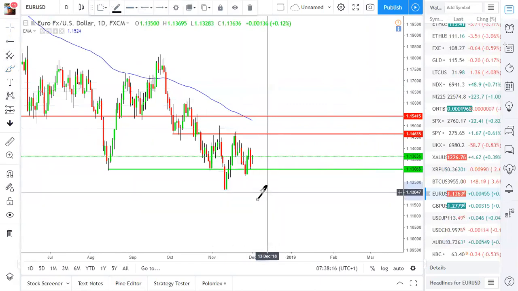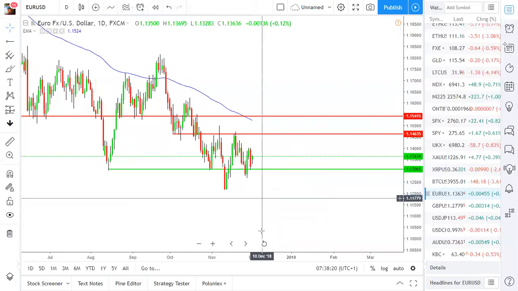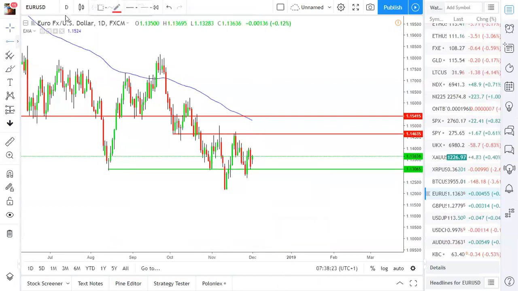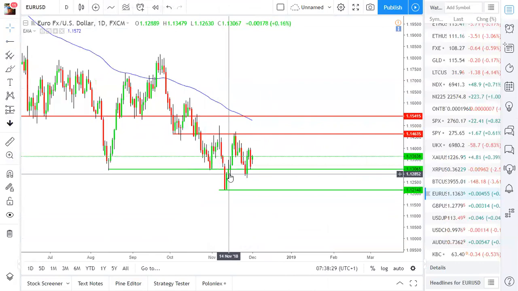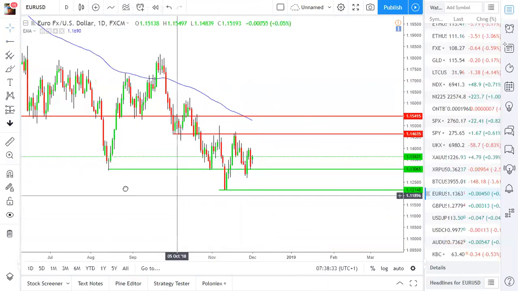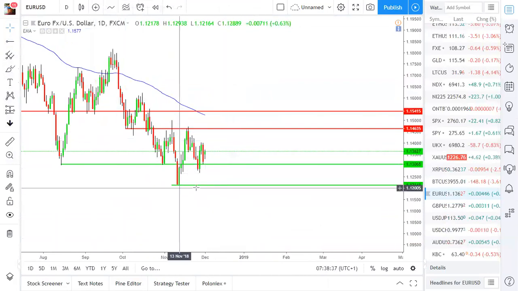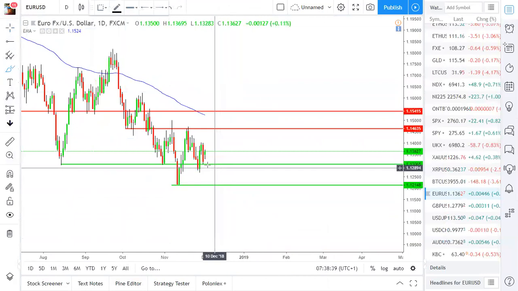And another thing that I just quickly want to show you here is this would definitely also be a possible support. You can see the moment that the market reached this level there, it rejected quite heavily to the upside. So if this market does push down, we might be looking for some counter trend opportunities here.